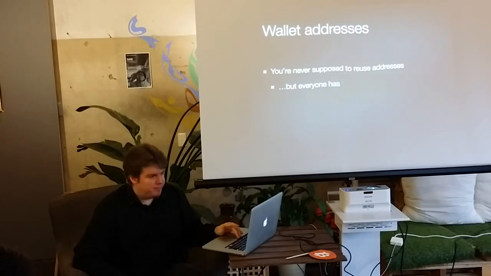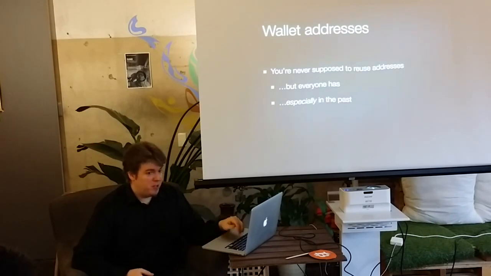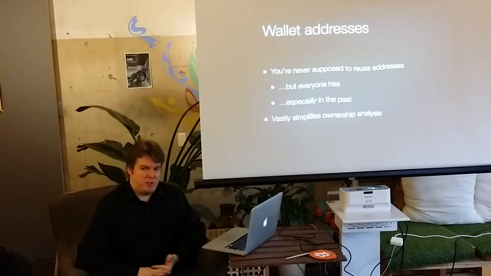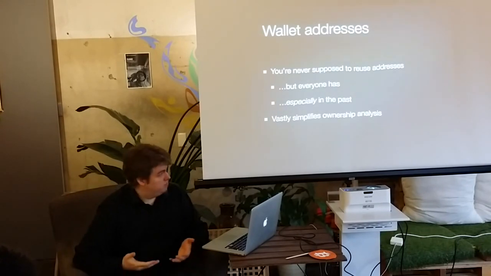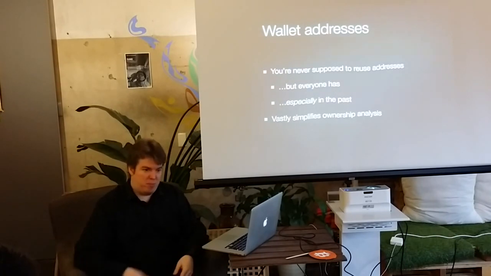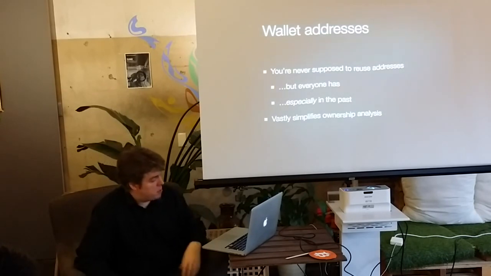But everyone has. And this is especially true in the past, where people were less careful. This makes it surprisingly easy to start figuring out if a single person owns multiple wallet addresses, and start reconstructing which addresses make up their complete wallet. And then you can, of course, follow all their transactions and see what they've been up to.